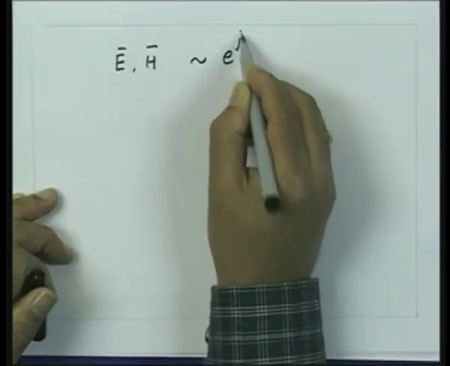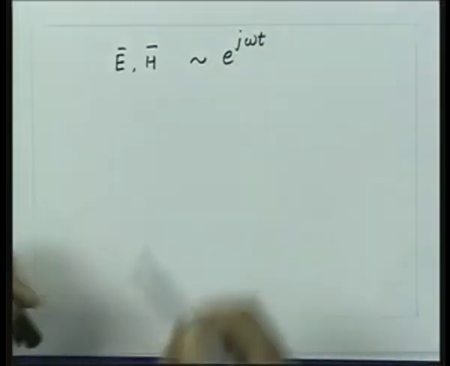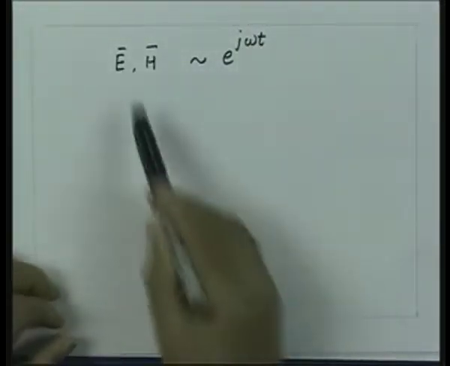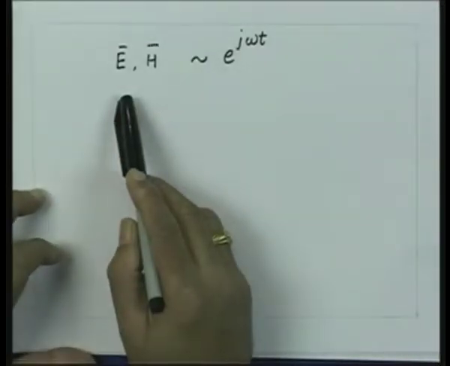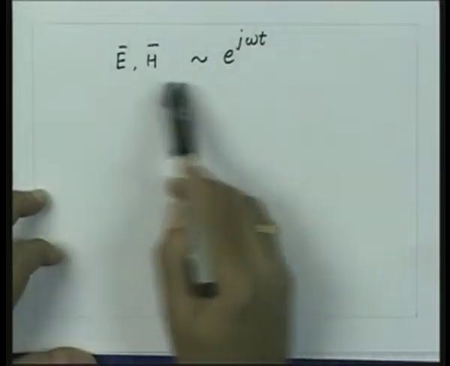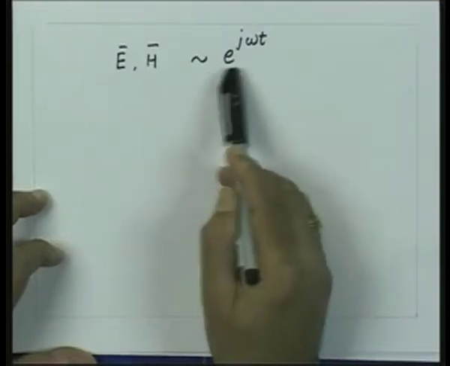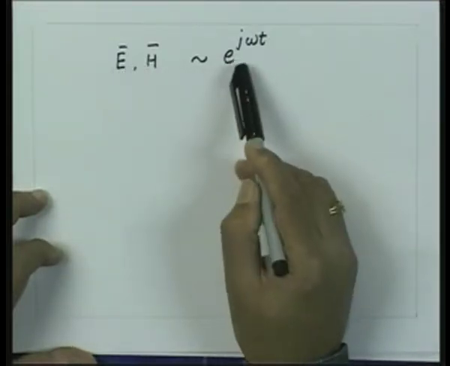So E and H both vary as a function of time as e to the power j omega t, where omega is the angular frequency of the electric and magnetic fields. For this time harmonic field, the time derivative will be multiplying this quantity by j omega.